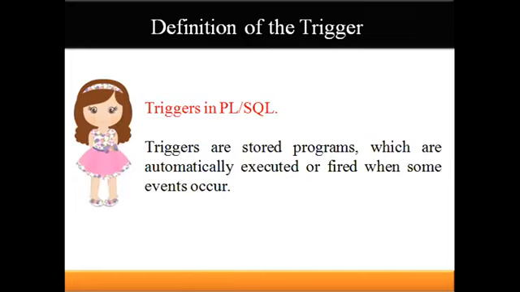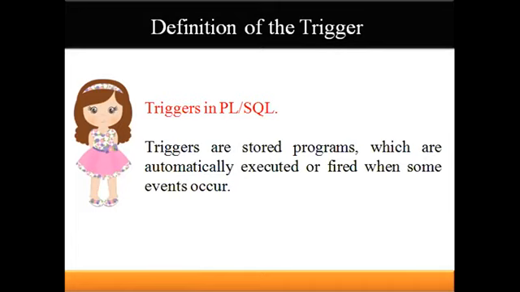Now, a simple definition of triggers. Triggers are stored programs which are automatically executed or fired when some event occurs. For example, I have a table with 10 records. If you want some event on those 10 records, you create one trigger.